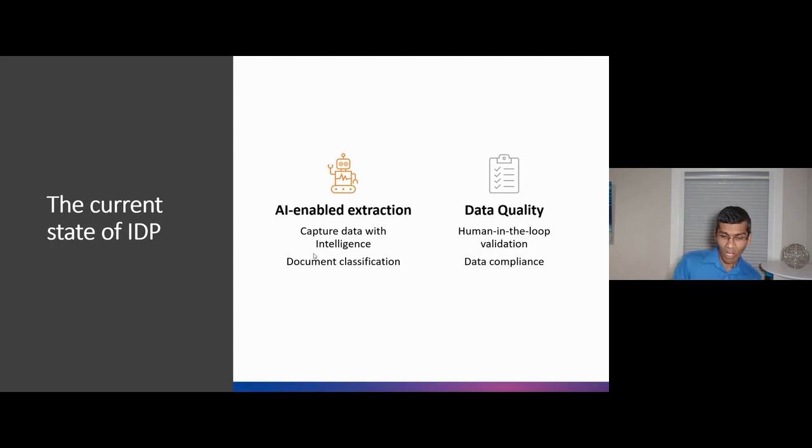Even if the automation captures all the data nice and clean, there are certain regulations where a human has to be involved, for example in healthcare. So with human in the loop automation plus compliance, we make sure the data is really high quality. That is the current state of IDP.